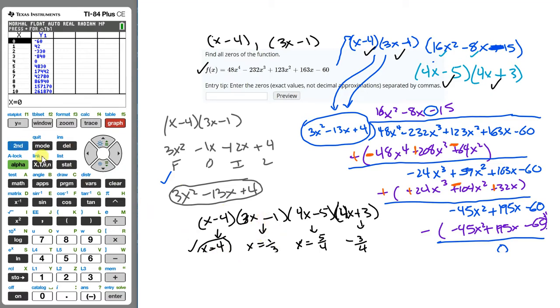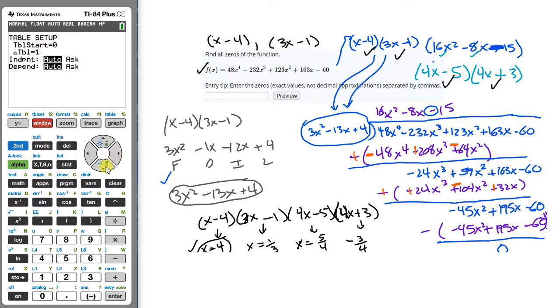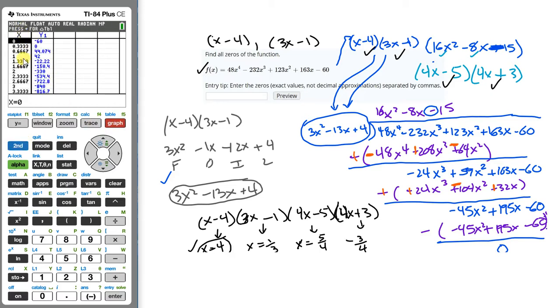Let's hunt the thirds. How do you hunt the thirds? Table set, start at 0, delta table of 1/3. It converts that to a decimal. Let the calculator convert it to a decimal. Don't type it in because you won't put in enough decimal places. Do the fraction. We find x equals 0.333, which is 1/3, right?